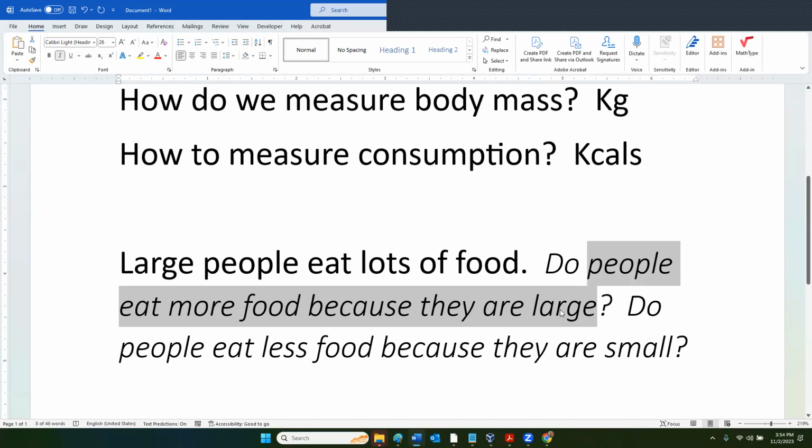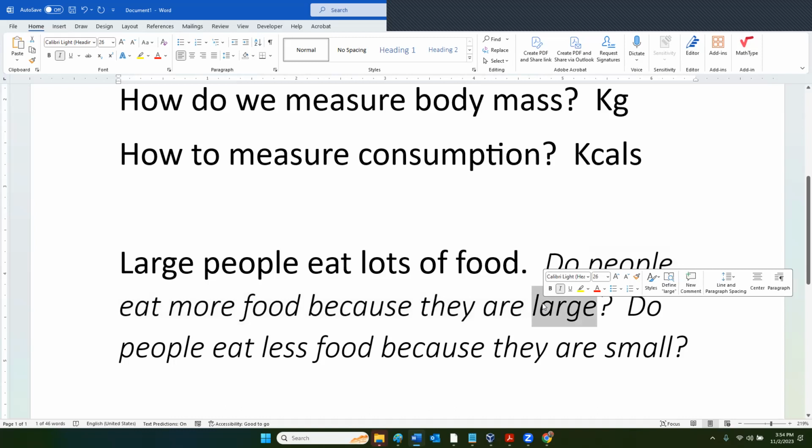So you're doing the reverse. You're saying, I think that large people eat more because they're large. They don't get large because they eat more food. They eat more food in the first place because they were born big people. Now I know that's a bit of a stretch, but the point I'm trying to make is you can infer different questions based on how you go about the observations, can't you?